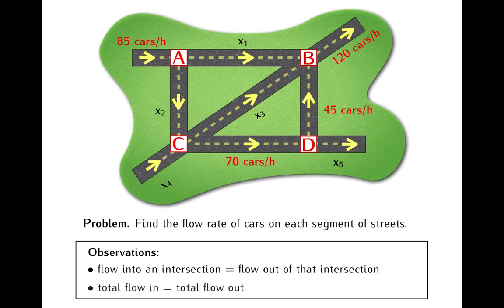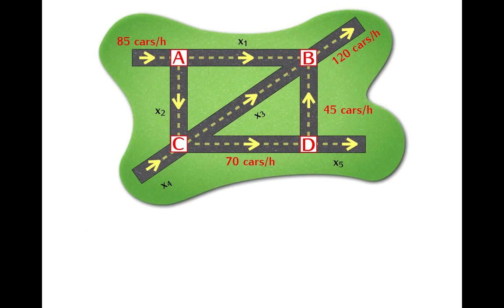The total flow into the network of streets from the outside of the network is equal to the total flow out of the network. Now, we will use these two observations to set up some equations. And these equations will be of this general form: whatever goes in must be equal to whatever gets out.